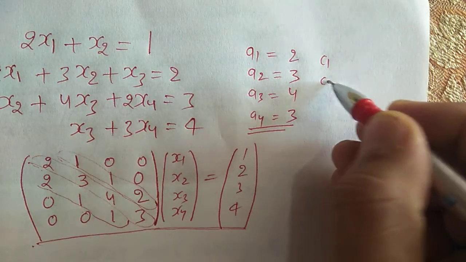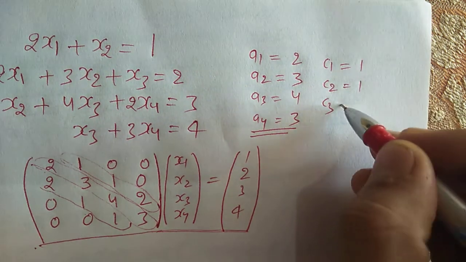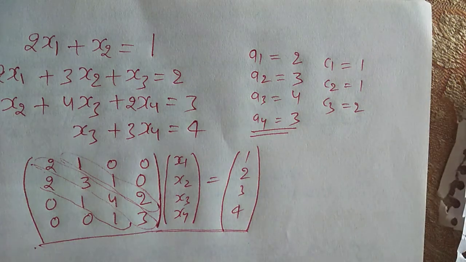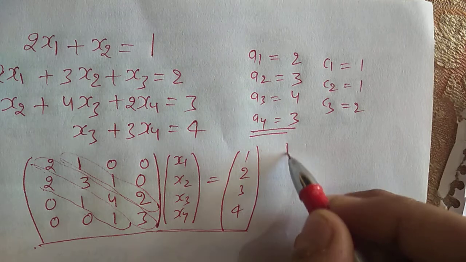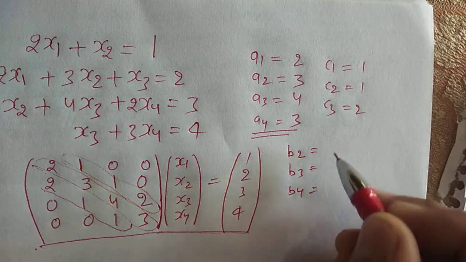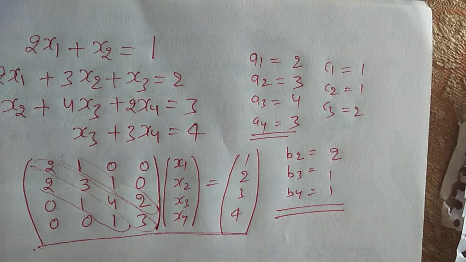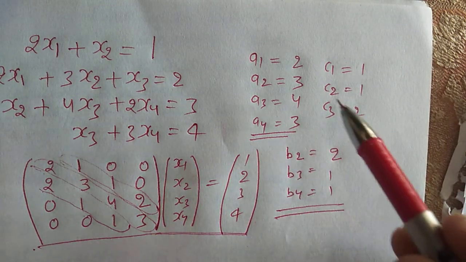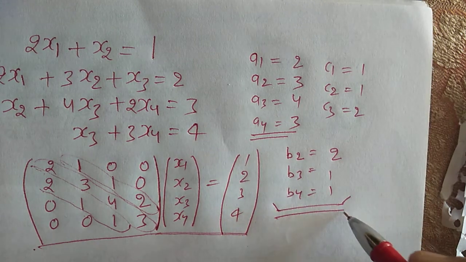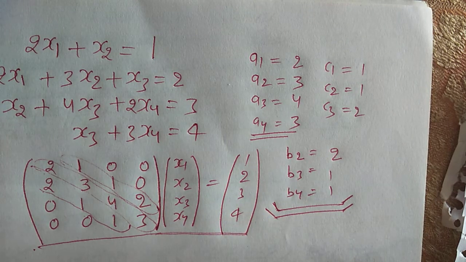The lower diagonal elements b2, b3, b4 are 2, 1, 1. Before solving the problem, we have to identify these a1, a2, a3, a4, c1, c2, c3 and b2, b3, b4, because we have the formulation in terms of this ai, bi and ci.